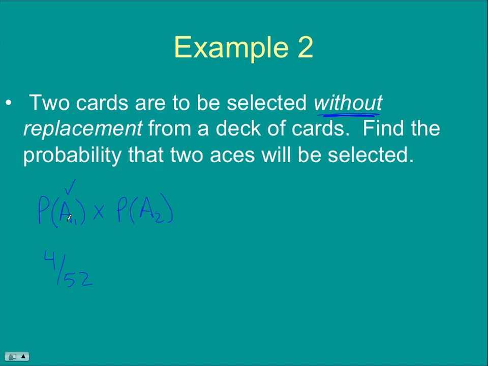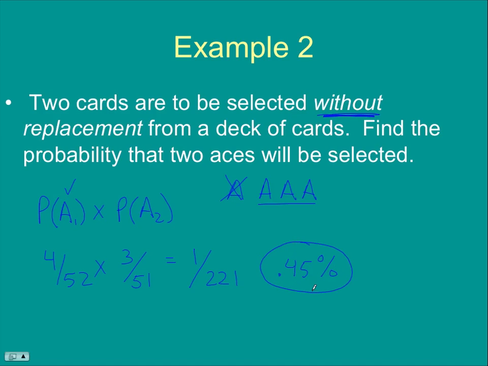And now since we don't put it back in the deck, so remember we had our 4 aces, we assume we get one, meaning there are only 3 remaining. So we have 3 out of, well, how many cards are remaining in the deck now? Only 51. And this gives us a probability of 1 in 221, which is about 0.45%.